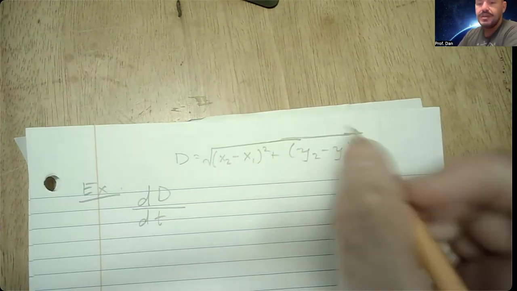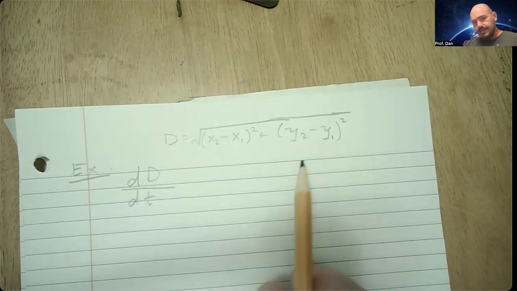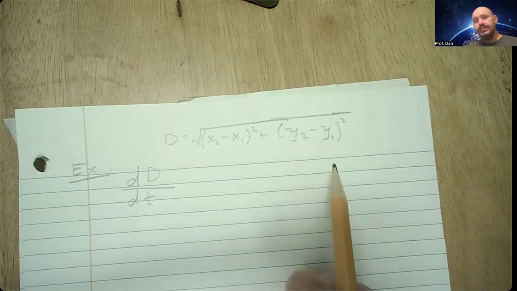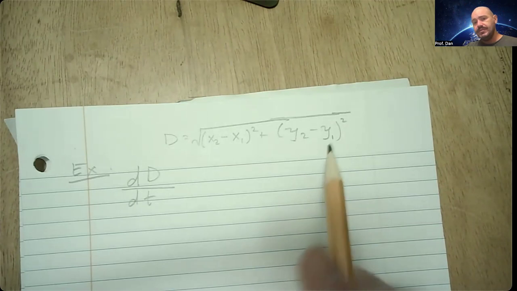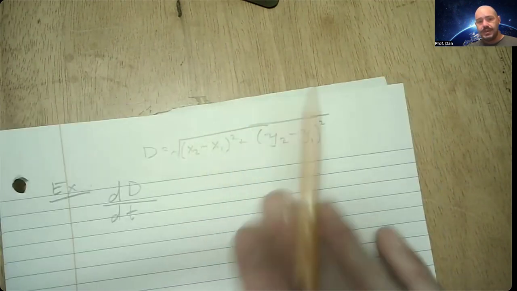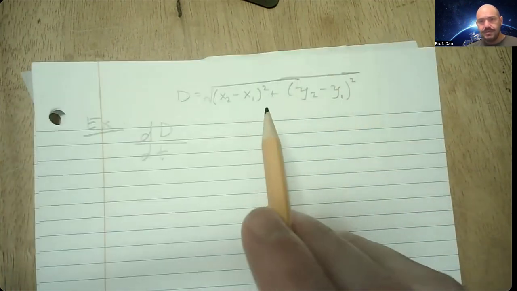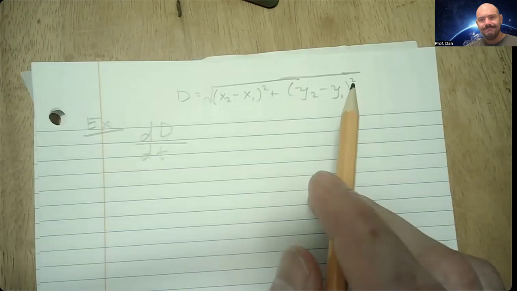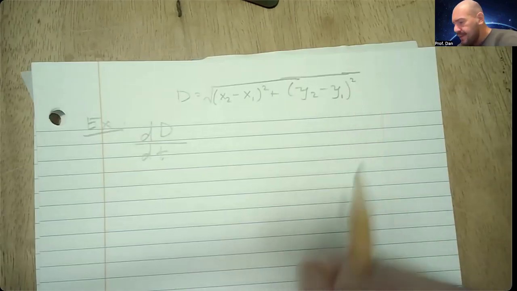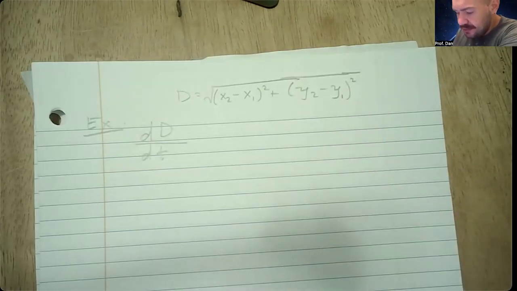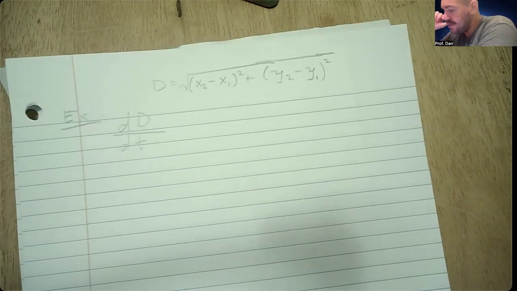Okay. So looking at this, I really don't want to do regular chain rule with that because we'd have a chain rule, and inside that we would have two more chain rules. So instead, what we can do is we can use our partial derivatives to make this a little easier for us.